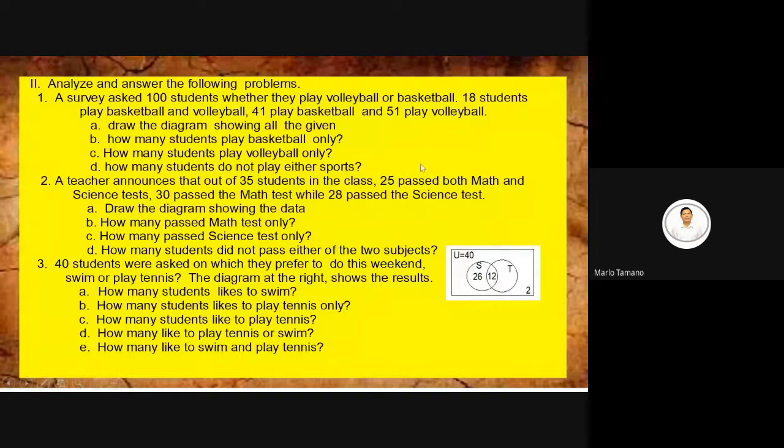Once you have placed everything, you are ready to answer. Letter A: draw the diagram showing all the given. Letter B: how many students play basketball only? How many students play volleyball only? How many students play neither? Then proceed to number 2.